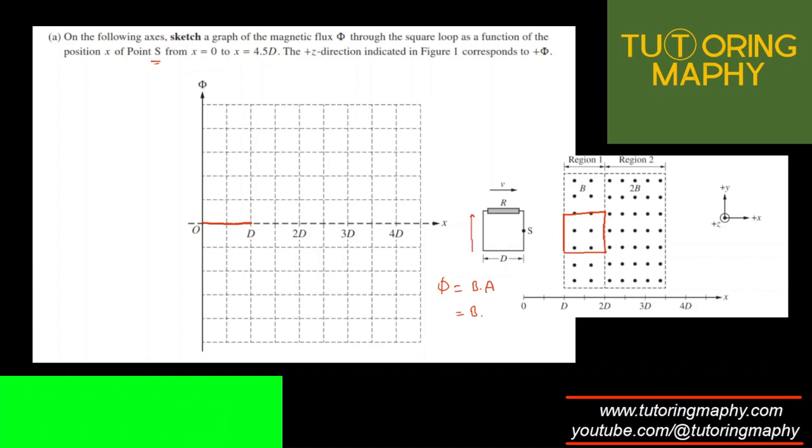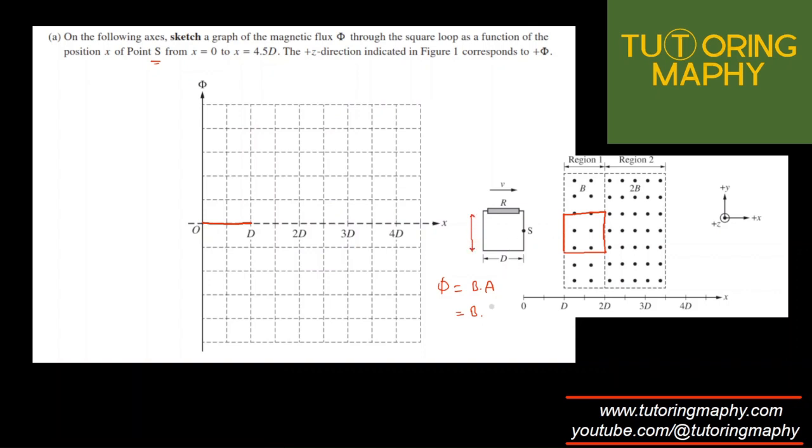Area will be this side, height, which is D, times whatever has penetrated inside, let's say X. So the flux is going to be BDX. So definitely the flux is proportional to the distance traveled, right? So it will be a linear straight line till what point? Sorry, 2D. So that's going to be like this.